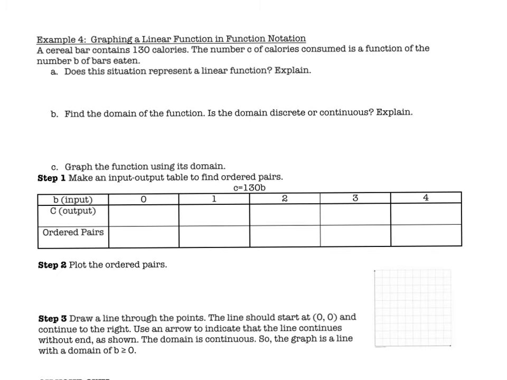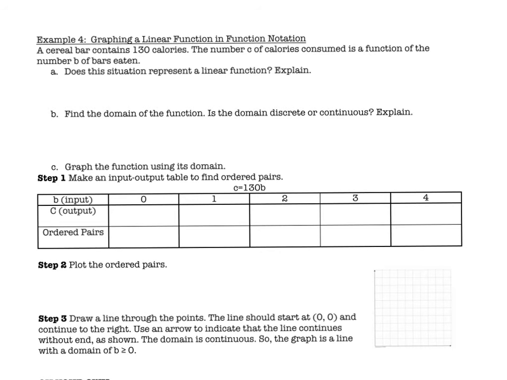Example 4. A bar contains 130 calories. The number C of calories consumed is a function of the number B of bars eaten. The first question asks, does this situation represent a linear function, and explain? When you think about this, we have the number of bars eaten and the number of calories consumed. As you eat one bar, you consume 130 calories.